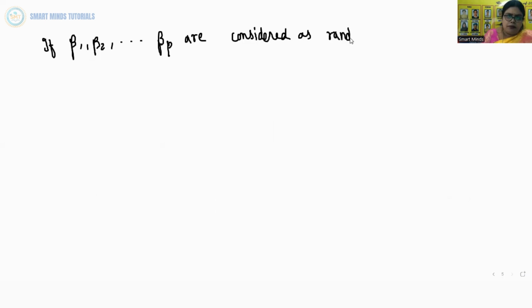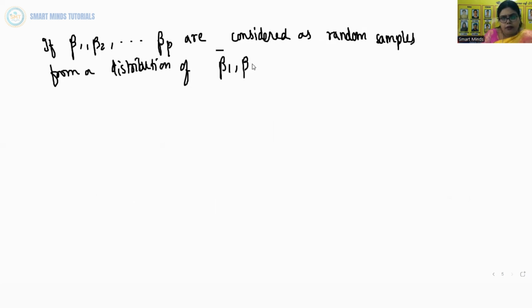Okay, so let us write this point now. So if beta 1, beta 2, so on up to beta p are considered as random samples from a distribution of beta 1 bar, beta 2 bar, so on up to beta p bar, where beta j bar is a random variable.